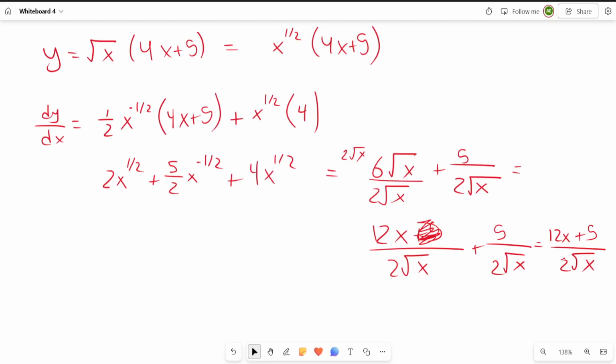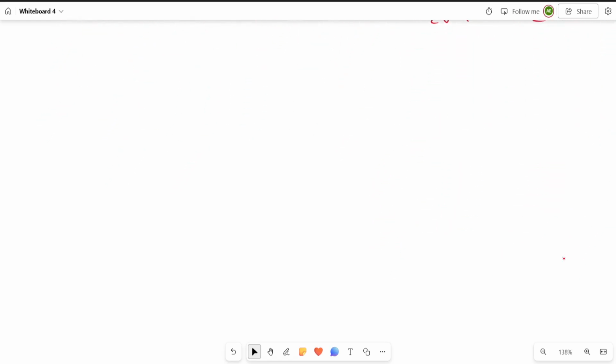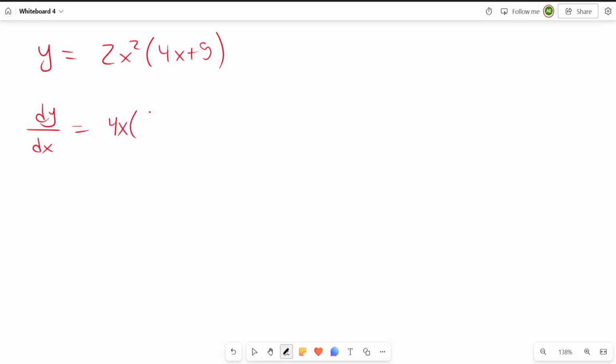We can move on to another example, which is y equals 2x squared times 4x plus 5, and I want dy by dx. So again, dy by dx is going to be differentiation of f of x, which is going to be 4x, times g of x, which is 4x plus 5, and then adding to that f of x, which is 2x squared, times the differentiation of g of x, or g dash of x, which is going to be 4, because the differentiation of 4x is basically 4.